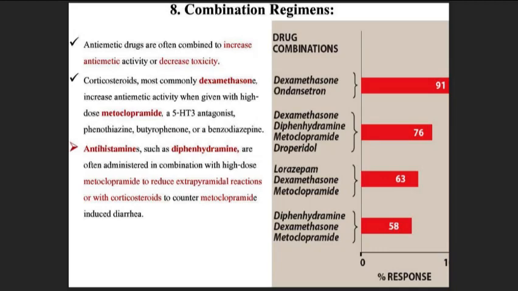The best response is seen when we take dexamethasone and ondansetron, while the second good combination of medication or regimen, we always use the term regimen because we are using a complex of different medications, is dexamethasone, diphenhydramine, metoclopramide and droperidol.